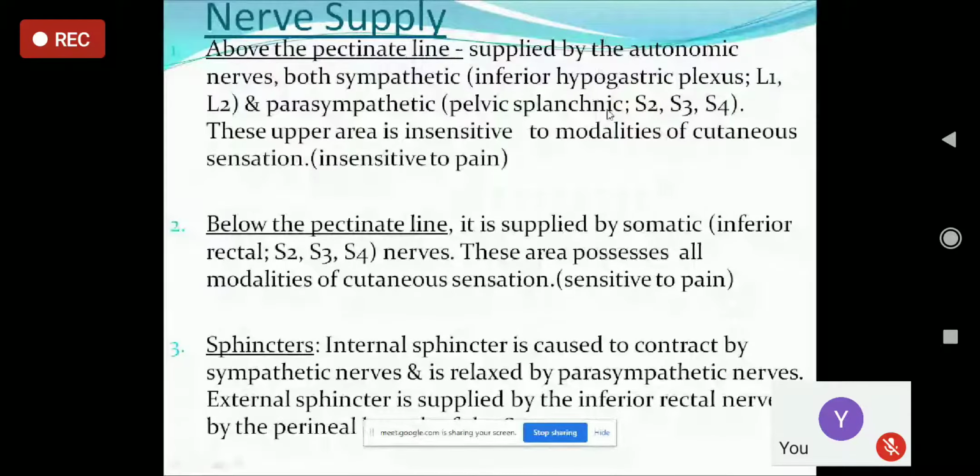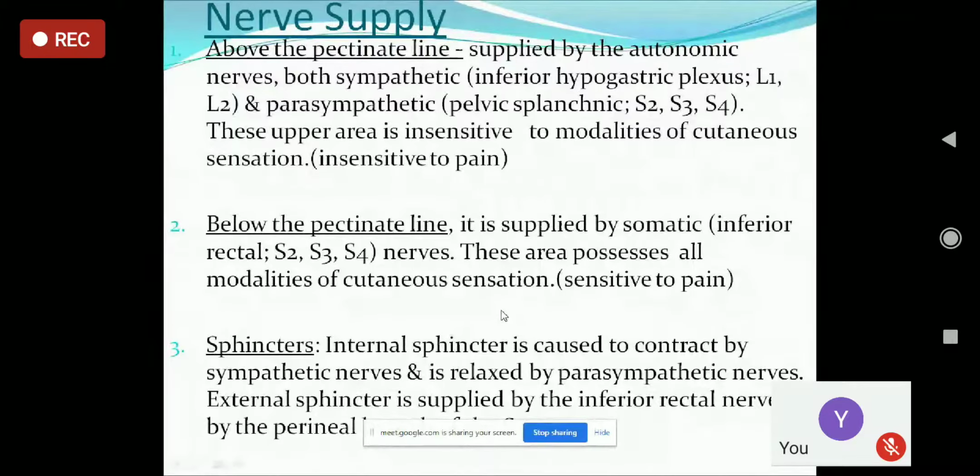Similarly, below the pectinate line, it is supplied by somatic nerves, so it is sensitive to pain. Are you getting me? Hello, class. Yes, ma'am. So this is insensitive to pain. Wait, this is sensitive to pain.